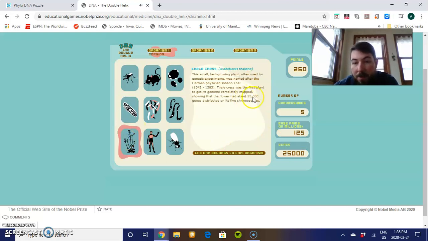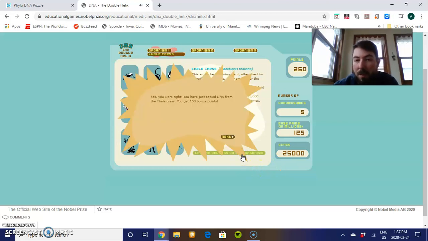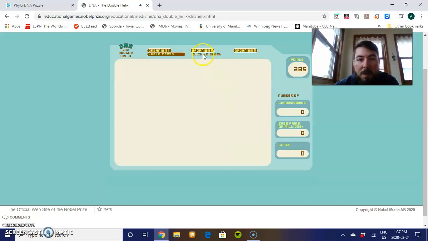But here we have 25,000 genes on 5 chromosomes. We have 5 chromosomes, 25,000 genes, so it must be that. You're right, you get some bonus points. And then you can do the same thing for other ones. So that's one game that you can do.